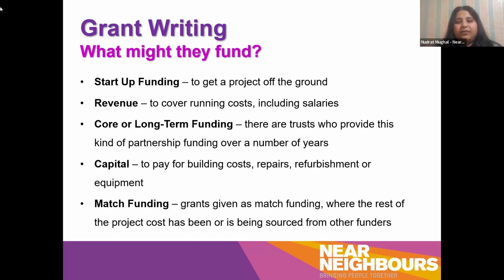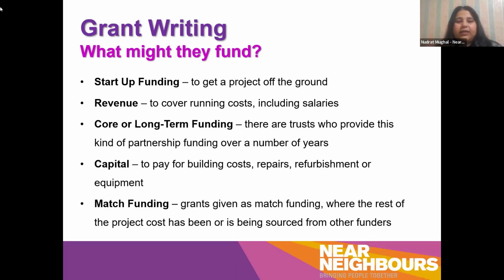Core and long-term funding means that some of the trusts provide partnership funding over a number of years. So they would give the funding for two or three years. Capital funding is only for building costs, repairs to your building, refurbishment, equipment, and that is all related to your building work.